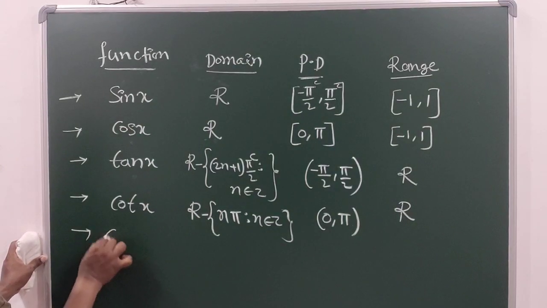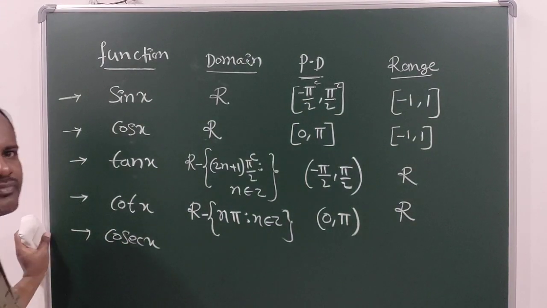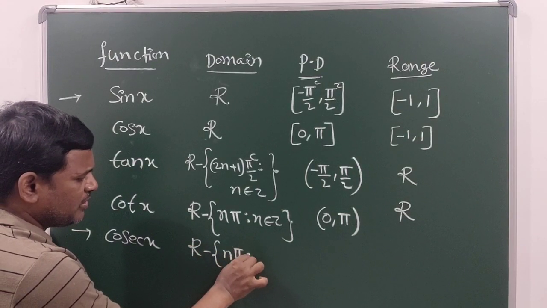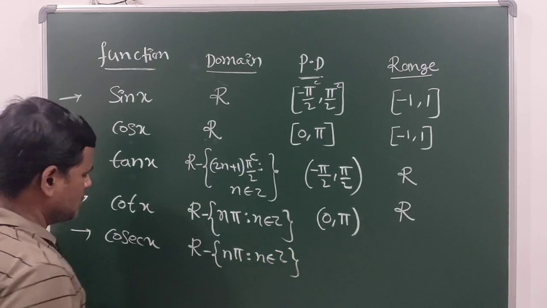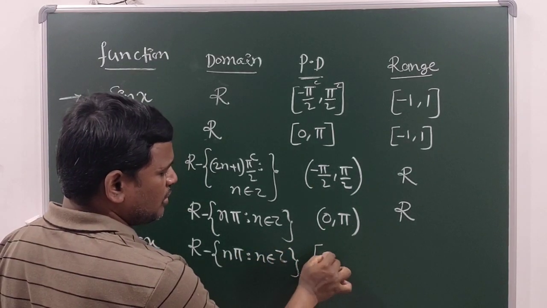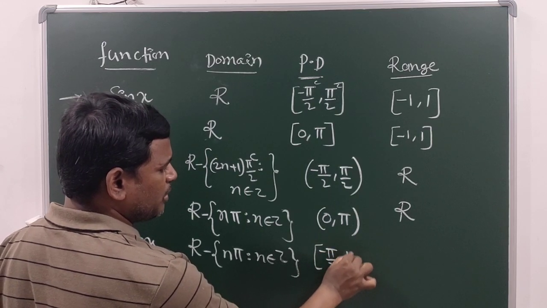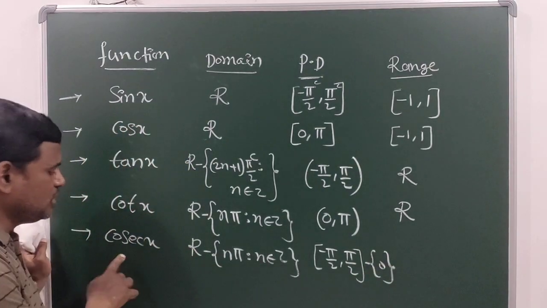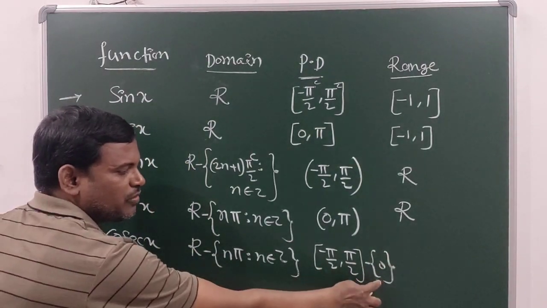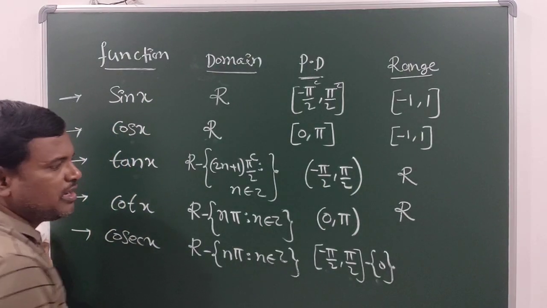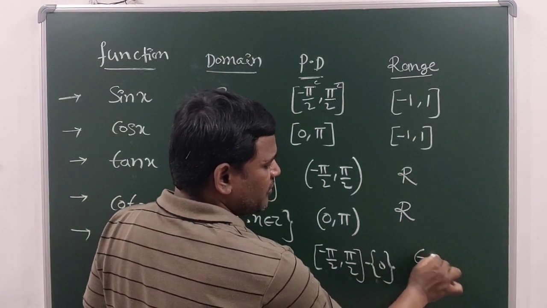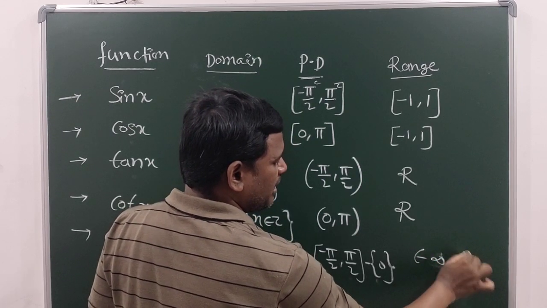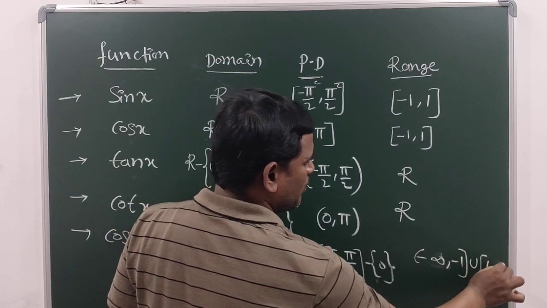Similarly, cosec x. The domain is R minus n pi, where n belongs to Z, and the principal domain is the closed interval minus 90 to 90, and 0 must be subtracted because cosec 0 is not defined, so I subtracted 0 from this interval, and the range is minus infinity to minus 1 closed, union 1 to infinity.